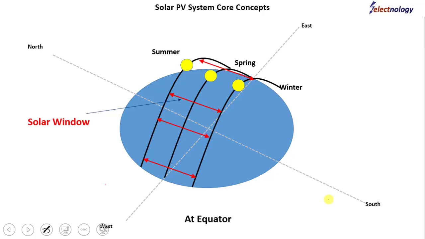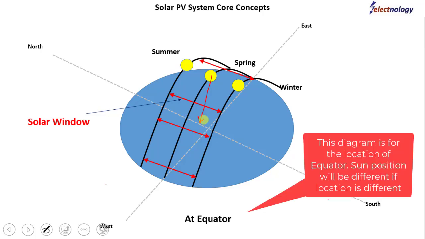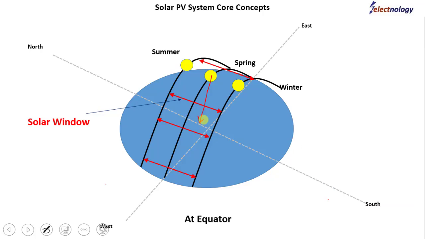Generally speaking, we need to find a midway between summer and winter season, and that angle can be found from the sun position during the spring season. Okay, during the spring season, the sunlight is more perpendicular towards the solar PV module, so that angle is more suitable to be selected.